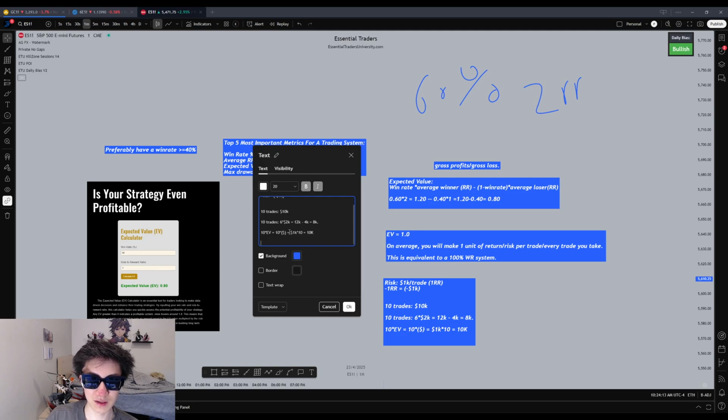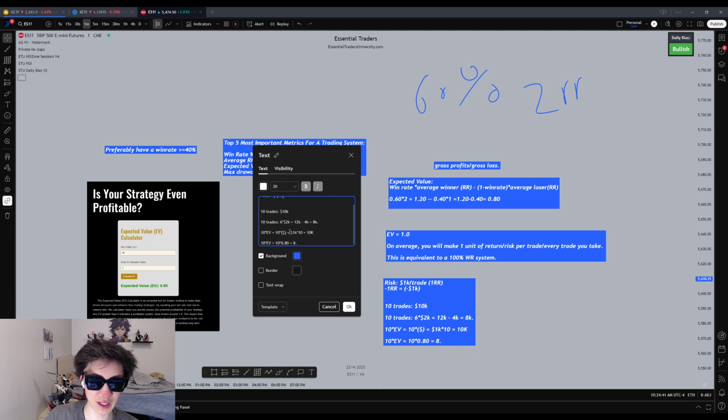Now let's do the calculations for the second system. It would be literally 10 trades times expected value. In this case, the expected value of the 60% at 2R is 0.80. So you do 10 times 0.80. And what does this get you? It gets you 8.